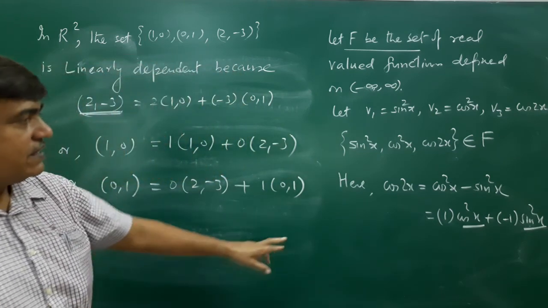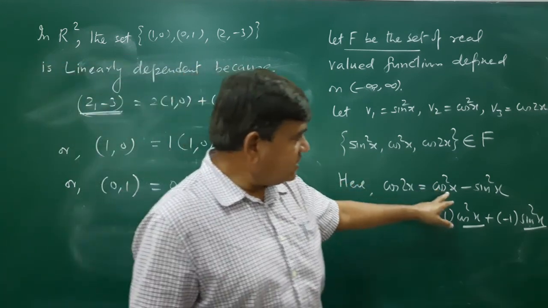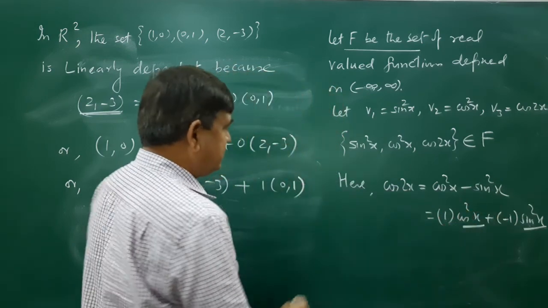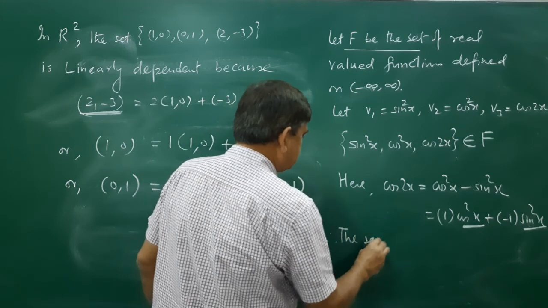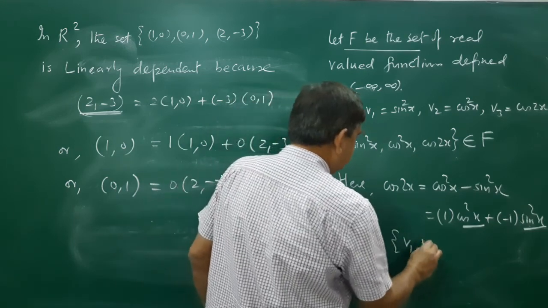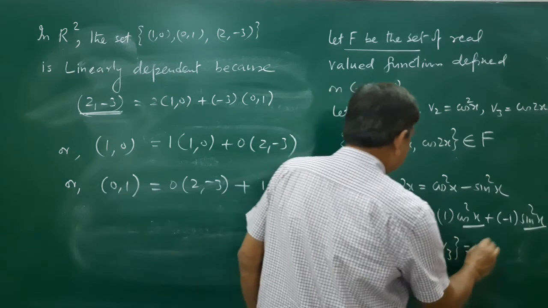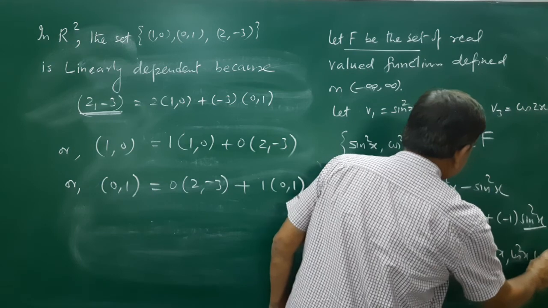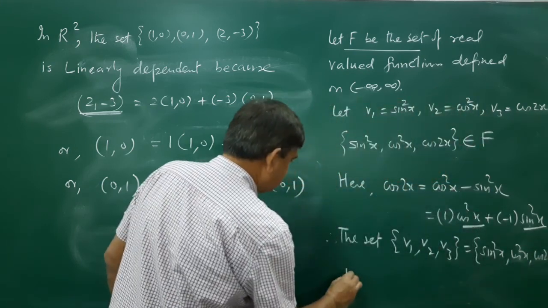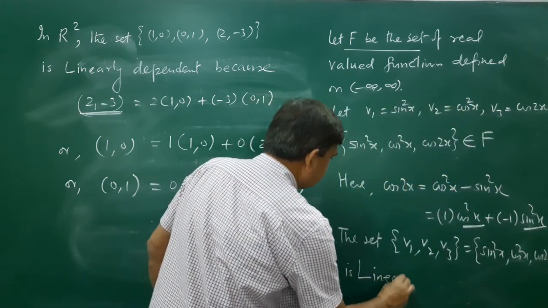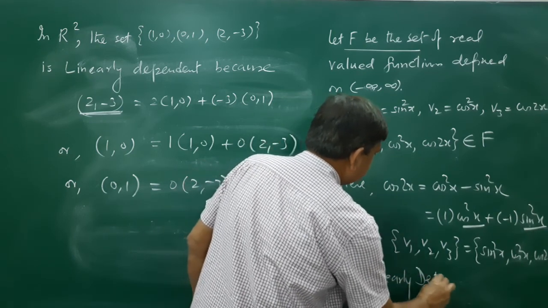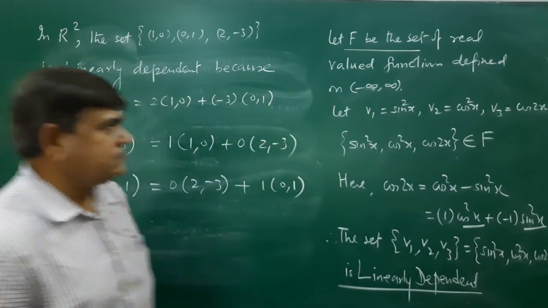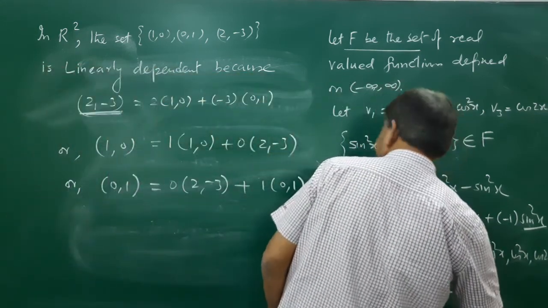Now remember, cos 2x is written as cos square x minus sin square x, and this is a linear combination of this one. Therefore, the set V1, V2, V3, sin square x, cos square x, cos 2x is linearly dependent. Okay.